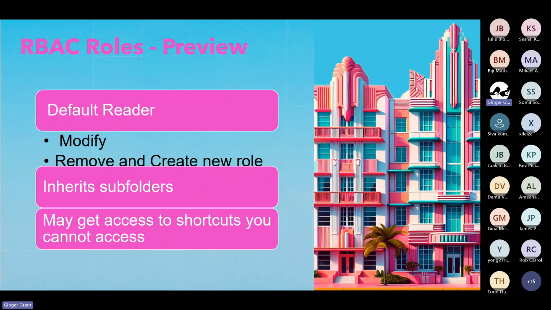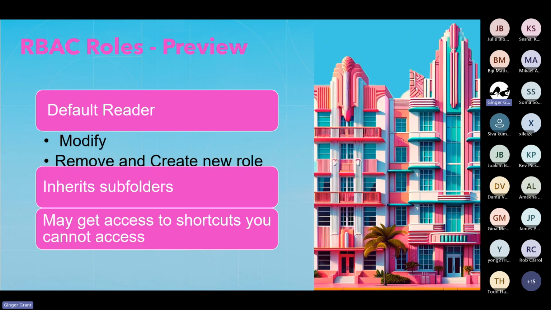By default, when you're doing RBAC security, everybody gets reader rights so that you can just read the files. If you want to add additional levels of RBAC security on the files themselves, you need to remove that default reader property and then create a new role. And the new role can then be whatever you want it to be.